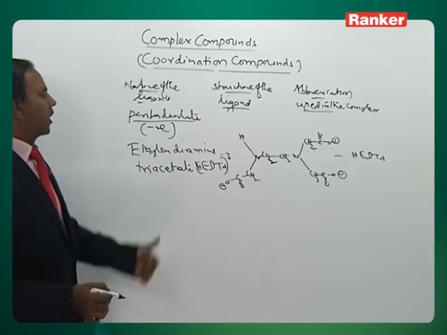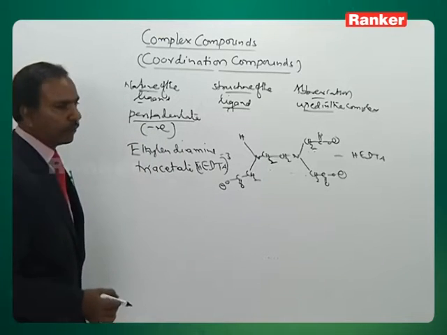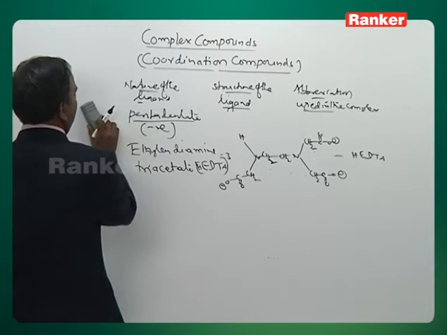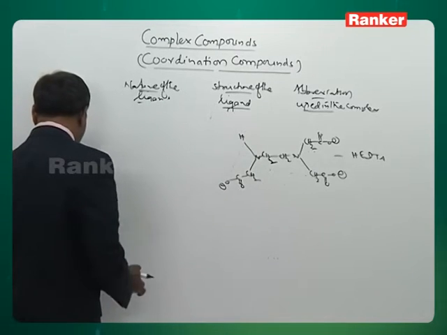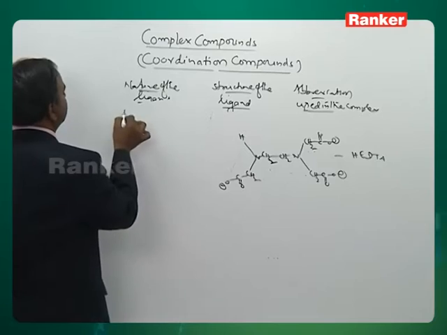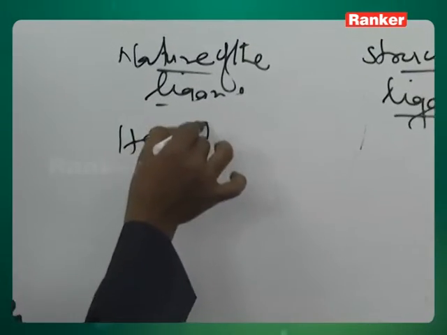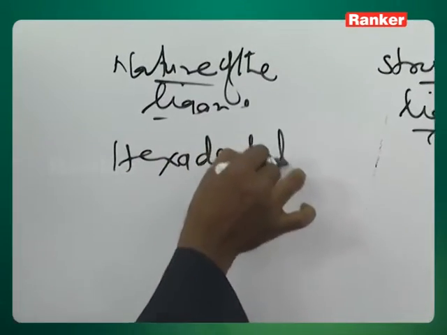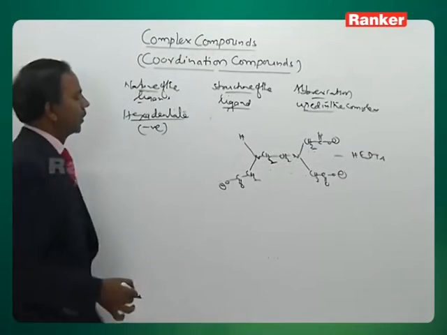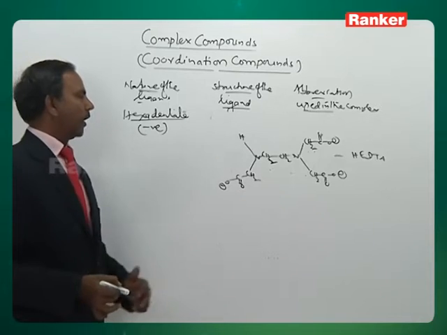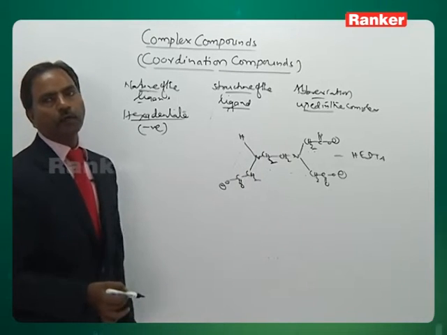Next let us see the last one, the hexadentate negative ligand. Hexadentate negative is more or less identical to pentadentate, but there will be 4 acetate groups.